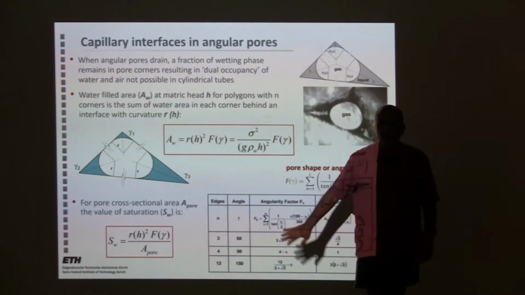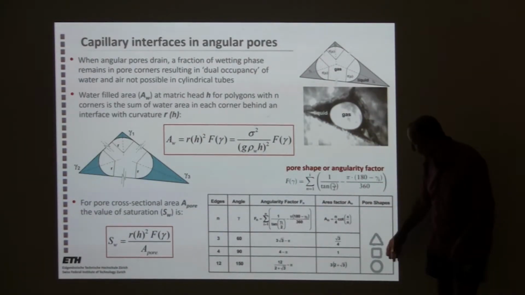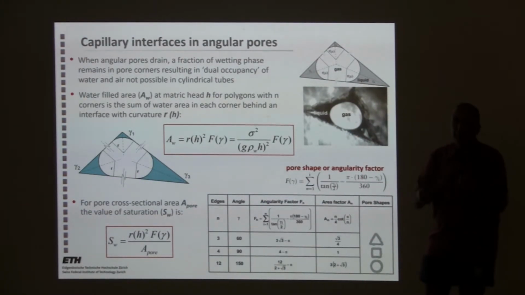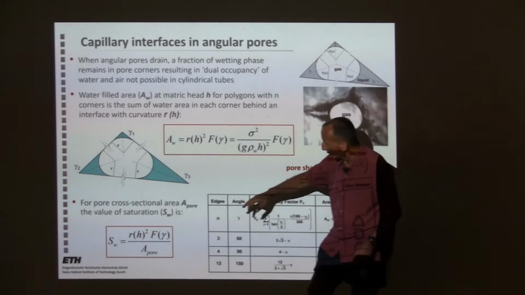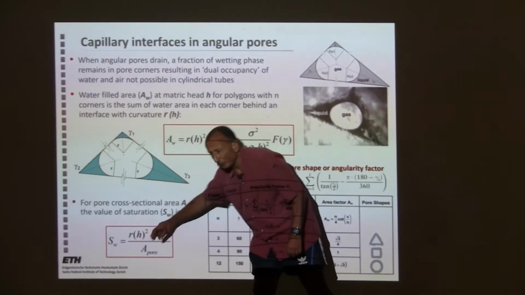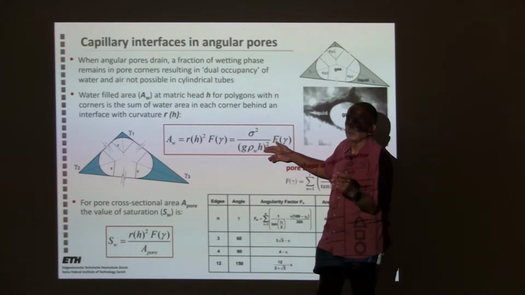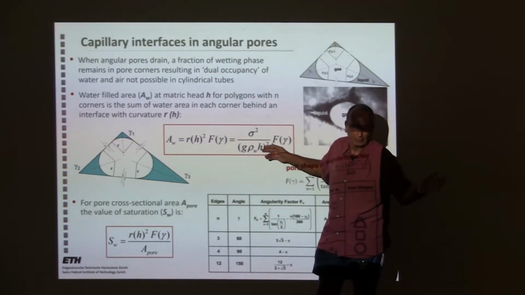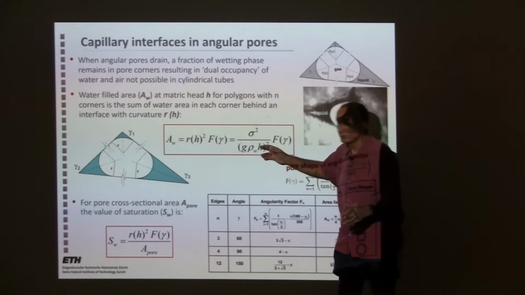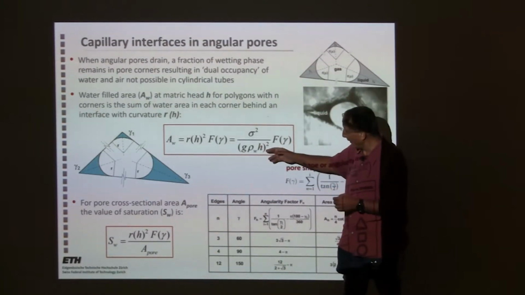That's it. So geometrical factors I can develop for any shape. You apply that, and the radius of curvature associated with the matric potential can be described by, say, the capillary height, the equivalent capillary head of the matric potential.